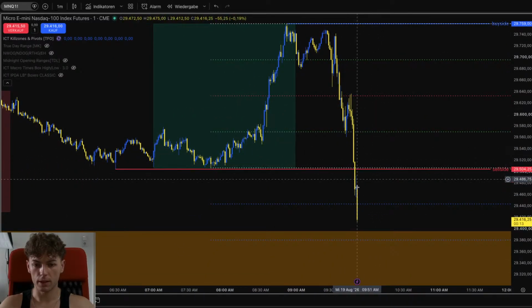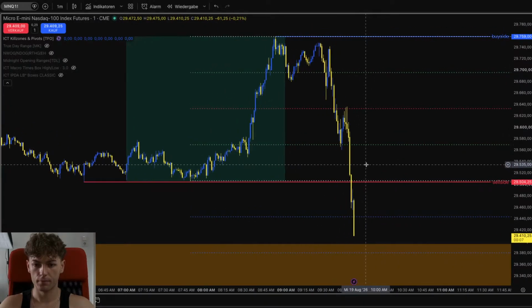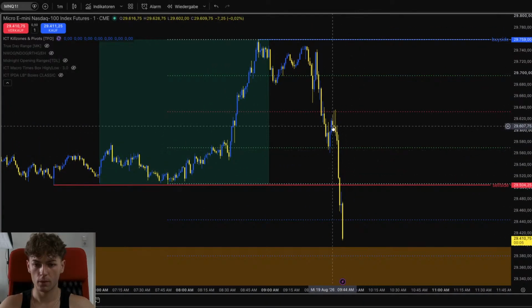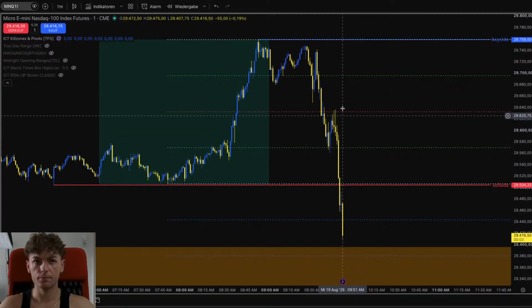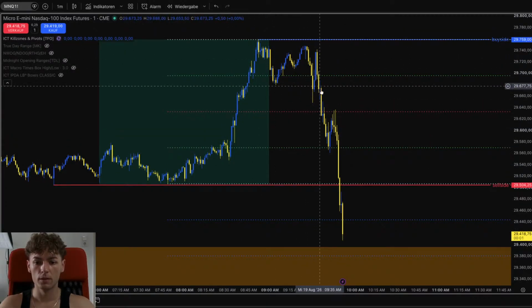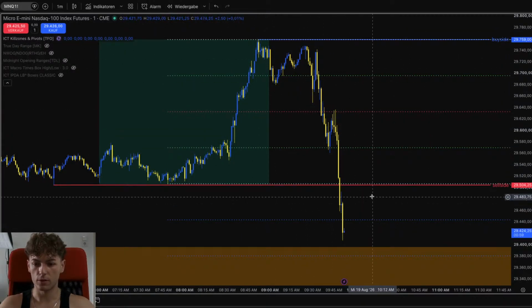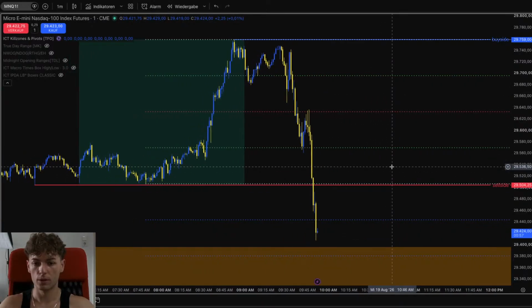Okay, this doesn't seem to be manipulation. So seems like it wants to continue the rally down lower, continuing bearish order flow.